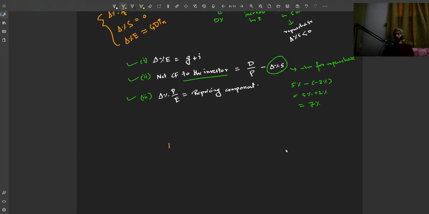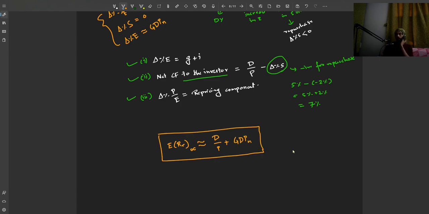So in the Grinold-Kroner model, the expected return of equity over a very long horizon is equal to dividend yield plus nominal GDP growth.